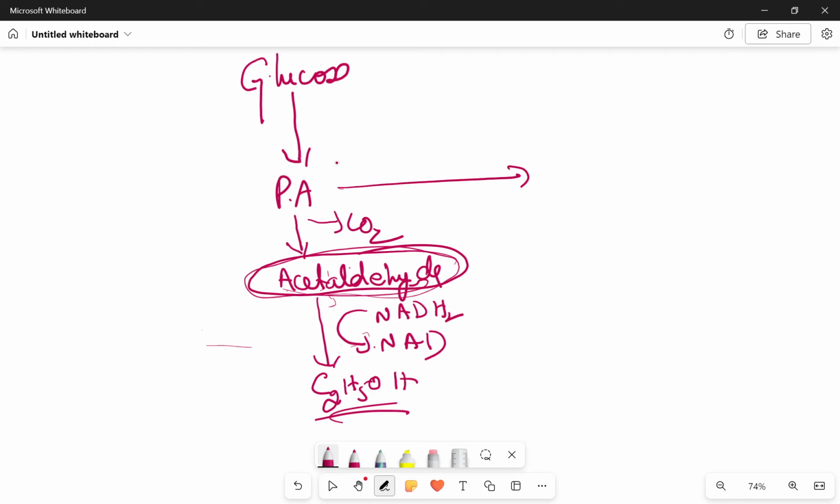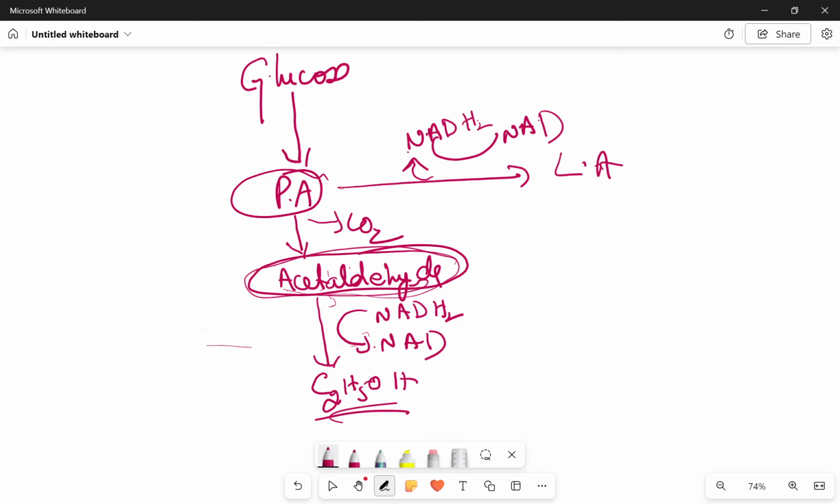What about lactic acid fermentation? In lactic acid fermentation, pyruvic acid undergoes reduction and forms lactic acid. So here pyruvic acid is the final electron acceptor in lactic acid fermentation.